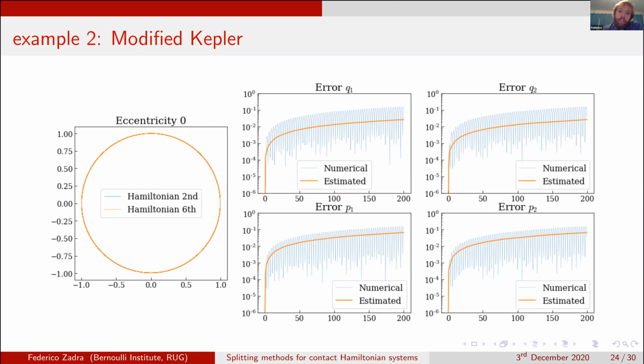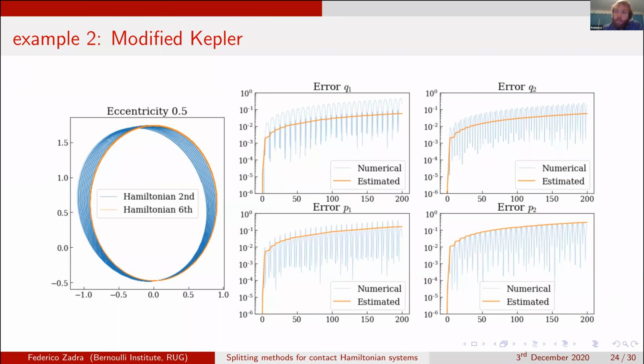And secondly, we have used the local error and not the global error, so it can fail to be an upper bound. The approximations are better if we have a bigger eccentricity.